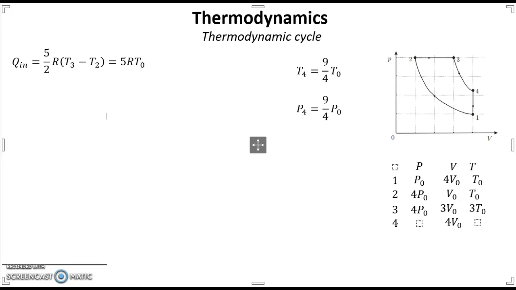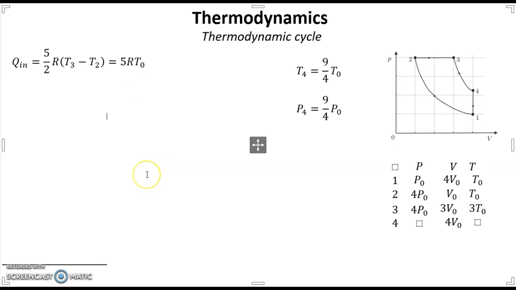Here we have the heat capacity for constant pressure, Cp, for a monatomic gas it's 5/2 R. We have to multiply it by the temperature difference, T3 minus T2, and using this table we can count that Q in equals 5R T0. And when we put in 300 kelvins, we can find numerically what Q in is.